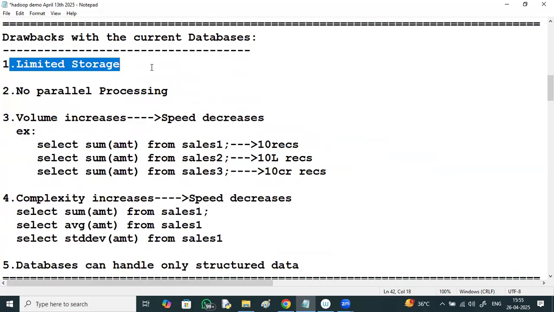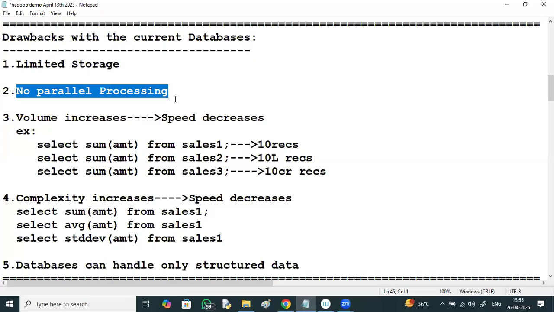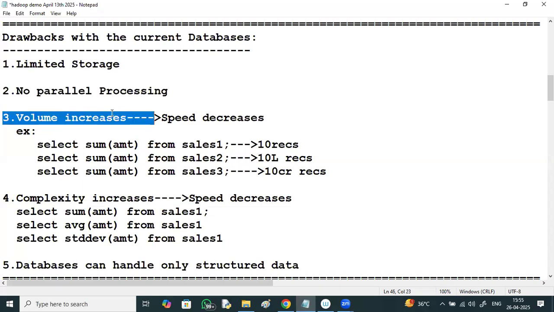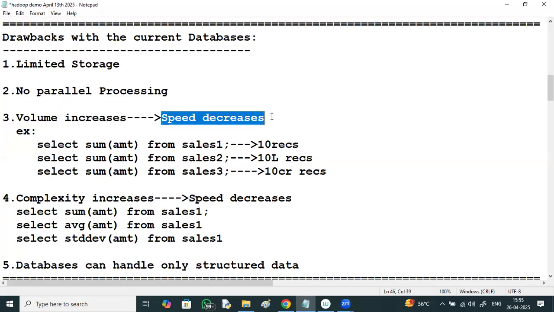Unlimited data storage is not possible in any of the databases. And no parallel processing. Most of the databases have no parallel processing. And even so, if volume increases, the speed decreases.